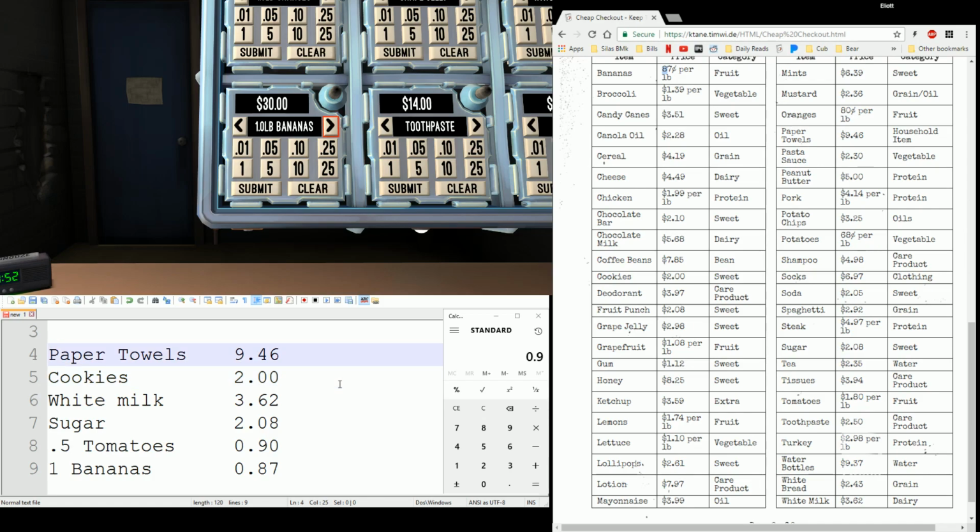For the paper towels, that's the 4 and the 9, so that becomes $4.96. For the cookies, it's the 2 and the 0. Notice we have 2 zeros, so we're going to swap them both, so that becomes 0.22. Here we're going to swap the 2 and the 6. Here we're going to swap the 0 and the 8. Here we're going to swap the 9 and the 0 again. Notice that we did have that 0 in the front. That does count.